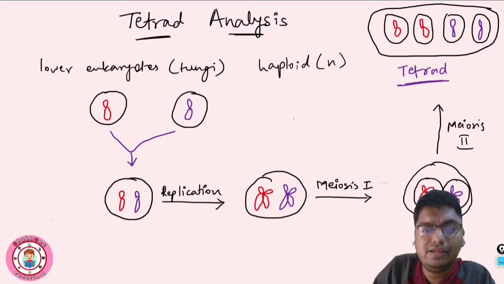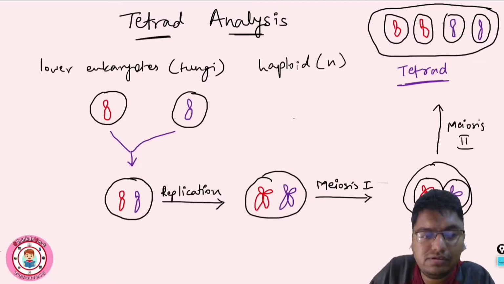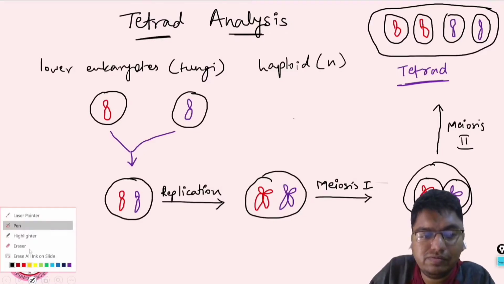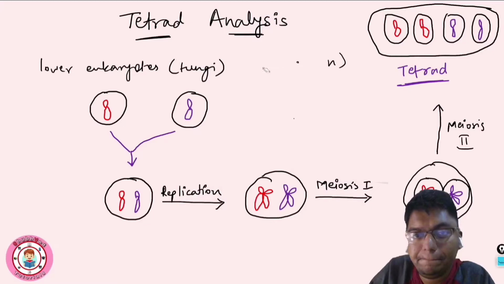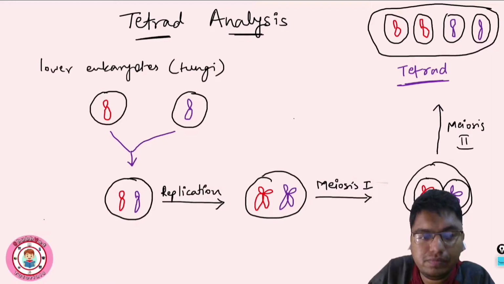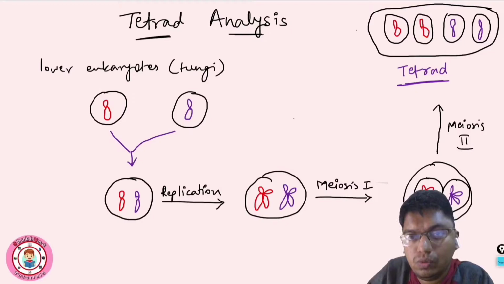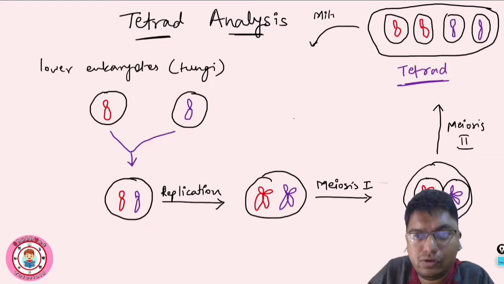After this, some species undergo mitosis. I will just make a space for easy explanation. After here, mitosis happens, and mitosis gives rise to 8 cells, 4 and 4.